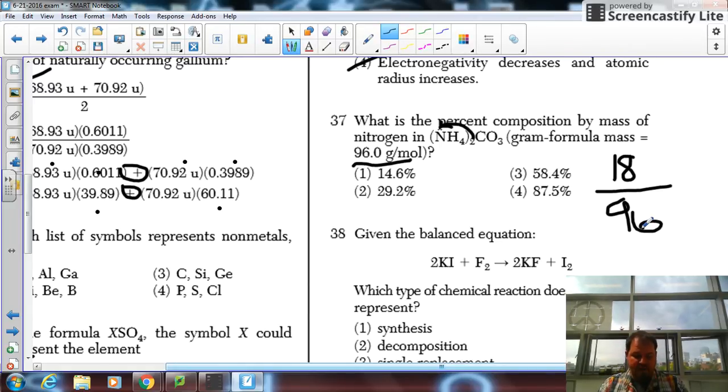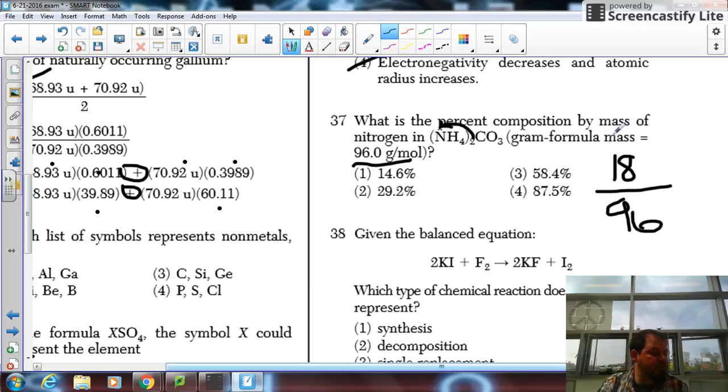So let me get out my handy dandy calculator. On the Regents exam, you'll be using a real calculator, not your phone. So, I got 18.75 multiplied by 100. What is the percent by mass of the nitrogen? I got 18.75.